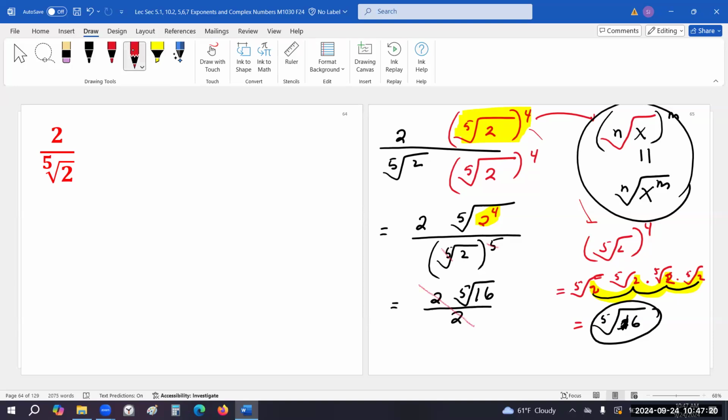They get cancelled out. So the answer is 5th root of 16. So you have 2 ways of doing it. Either apply the rule to make your life easier, but if you can't remember, multiply them individually 4 times.